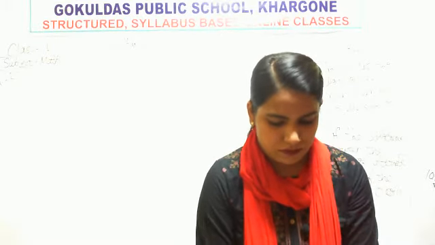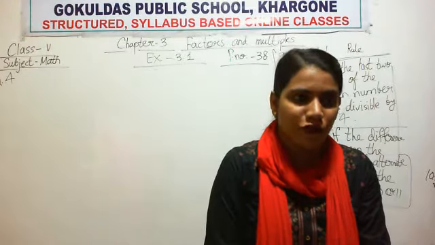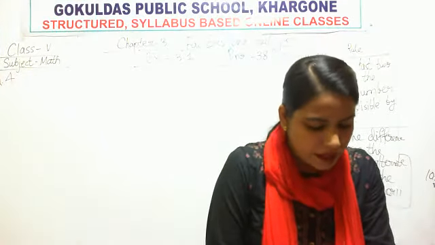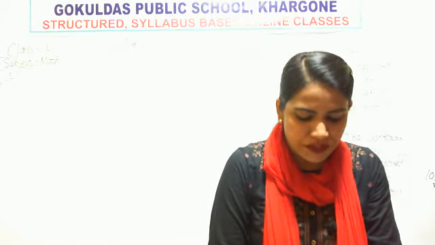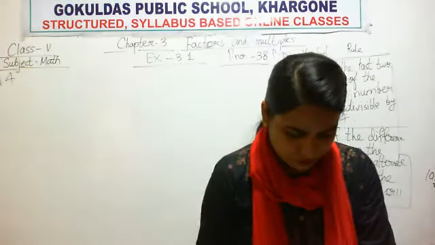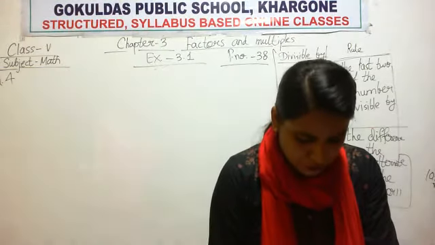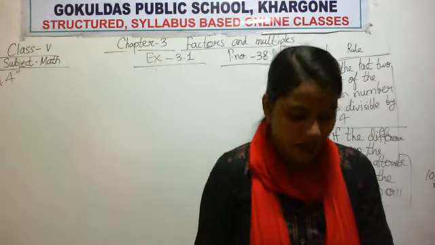Now part C, a number divisible by 4 is always even. Yes or no? A number divisible by 4 is even, right? So yes, it is true. Now part D, a number divisible by 30 is also divisible by 2, 3 and 5. So yes, it is true, as 30 is a multiple of 2, a multiple of 3 and a multiple of 5.